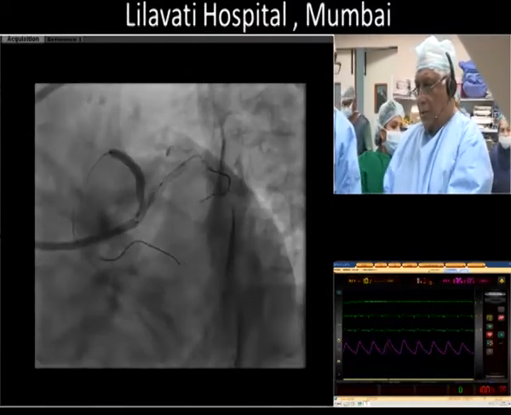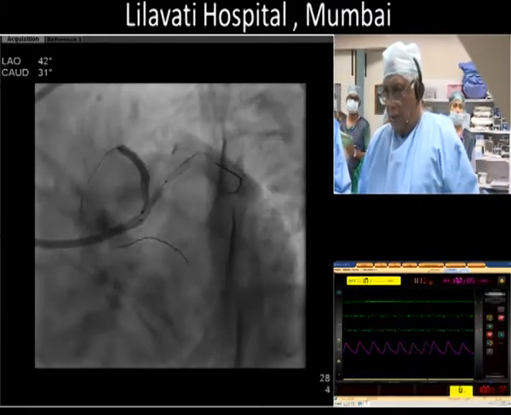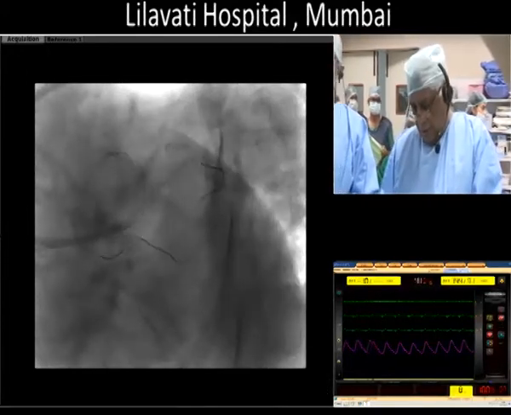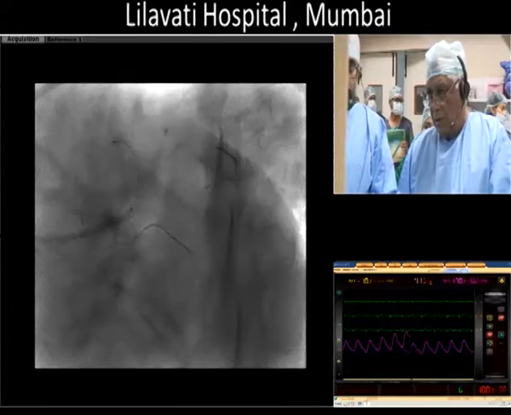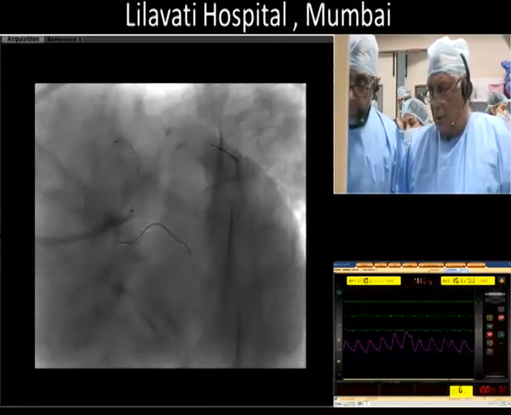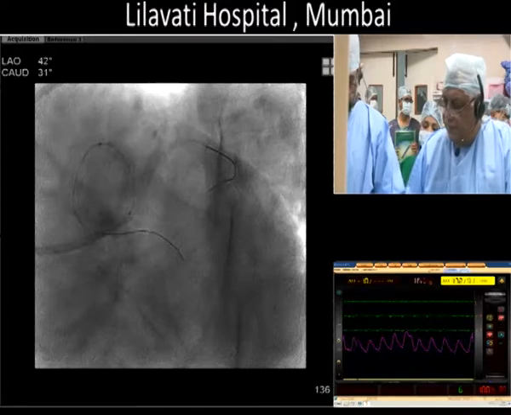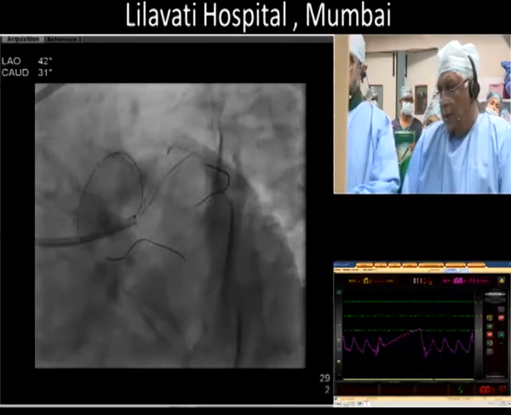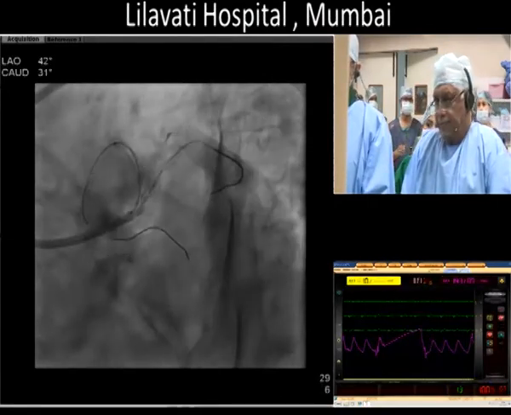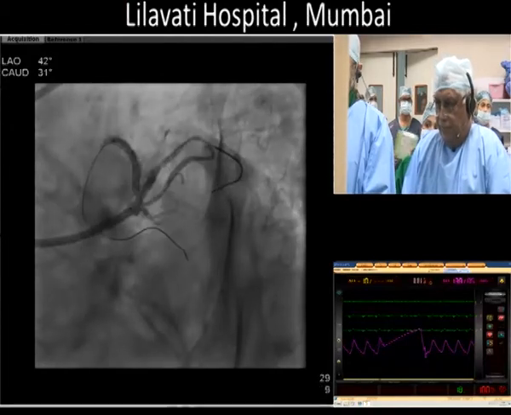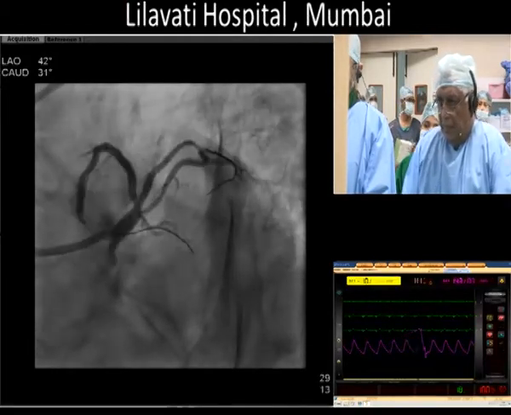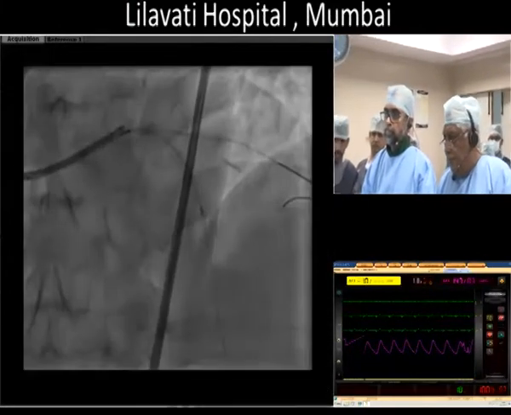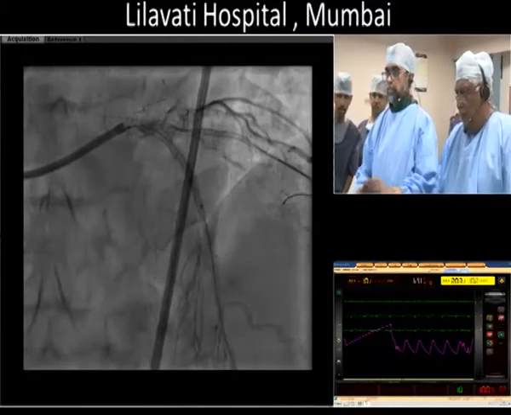Give him some perinorm, please. Post-dilate the diagonal. Take a picture. That's okay.